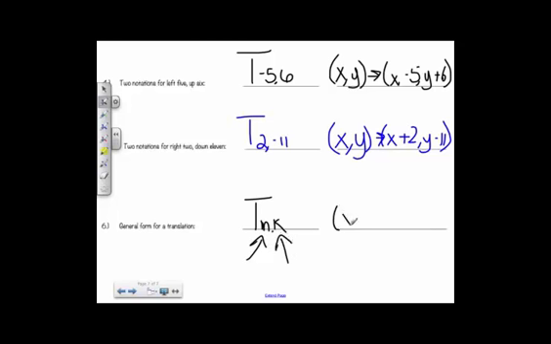Or you could say XY turns into X plus H, Y plus K. That's the general form. So in this example right here, the H was 2 and the K was negative 11. And that should make sense to you because the 2 was the horizontal change, so that's what H is. And the negative 11 was the vertical change, and that's what K is.